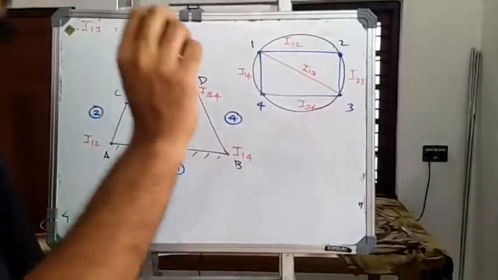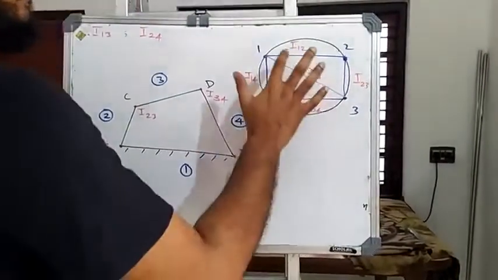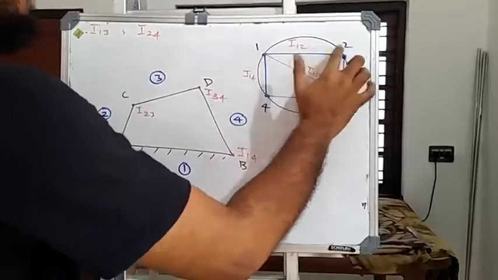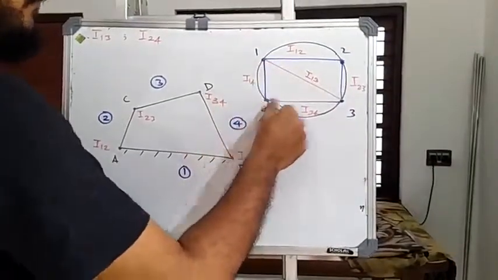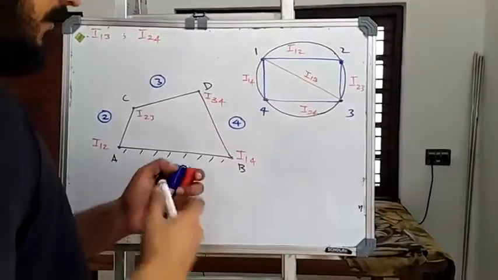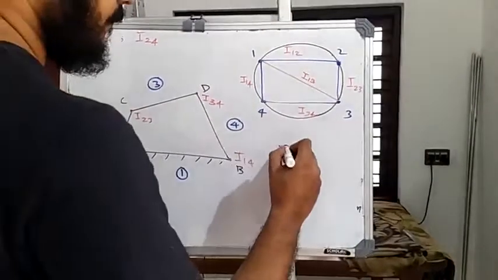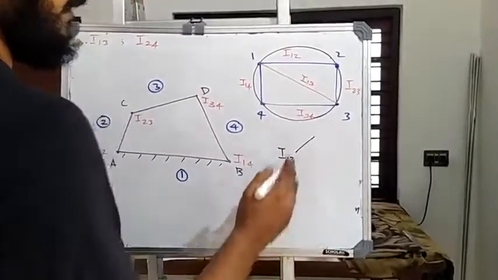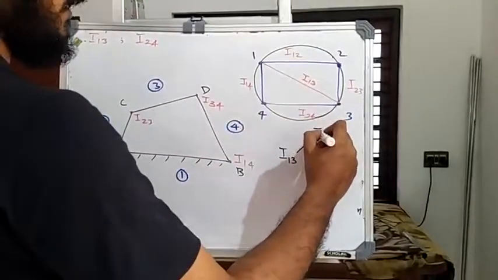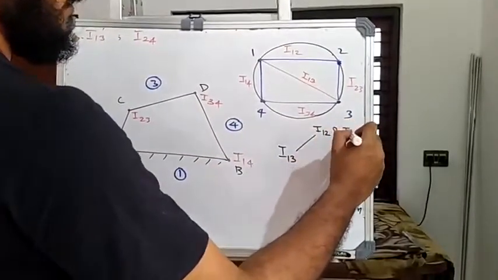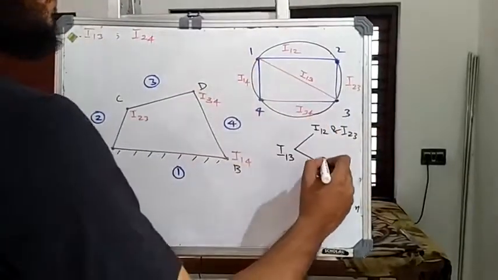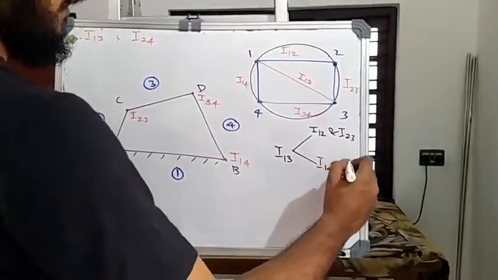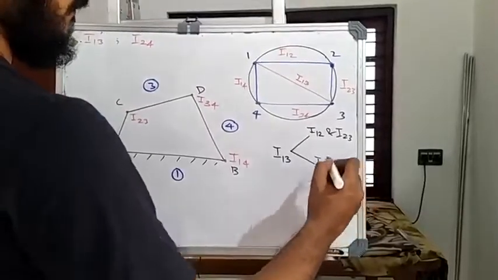Intersection point of what? The line joining I12 and I23 and the line joining I14 and I34. That means we will obtain I13 from the line joining I12 and I23 as well as at the intersection of lines joining I14 and I34.